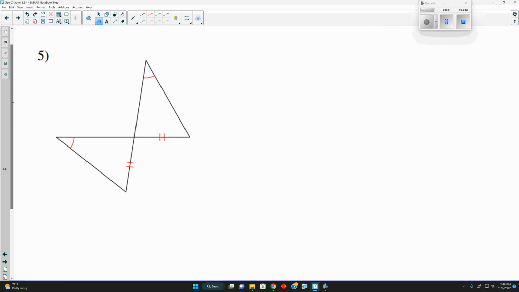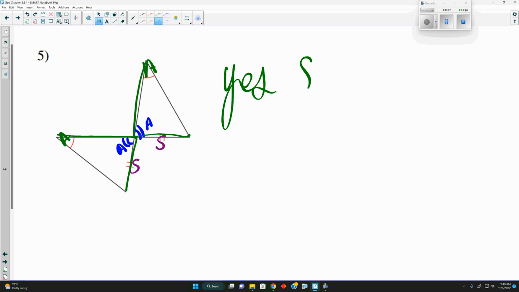How about this one here? These are vertical angles, so we would have this angle and this angle. We also have these two sides, and what else do we have? So side, angle, angle, side, angle, and they do match up, so yes.